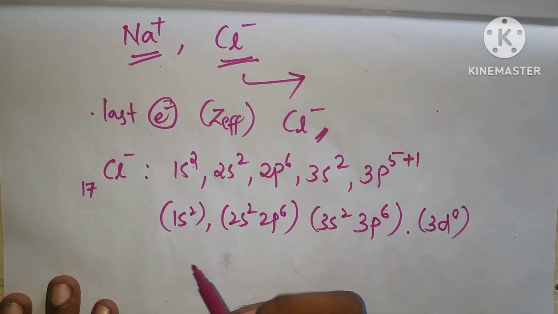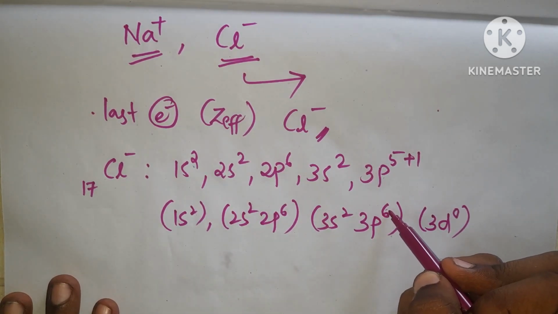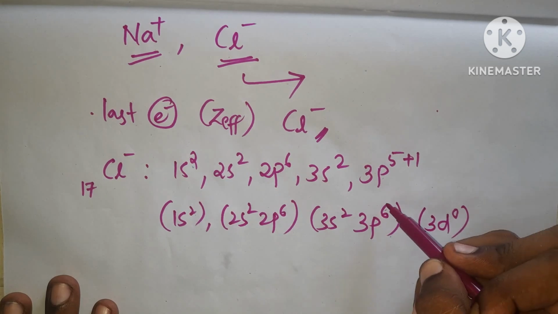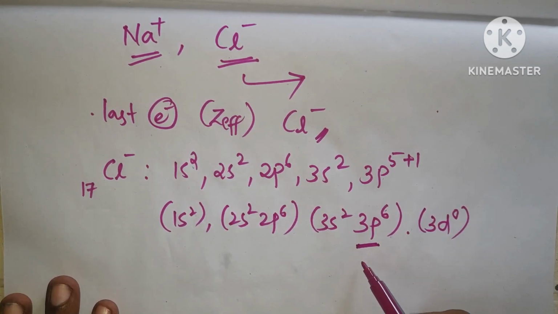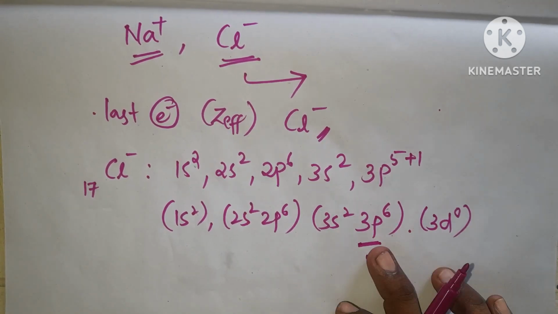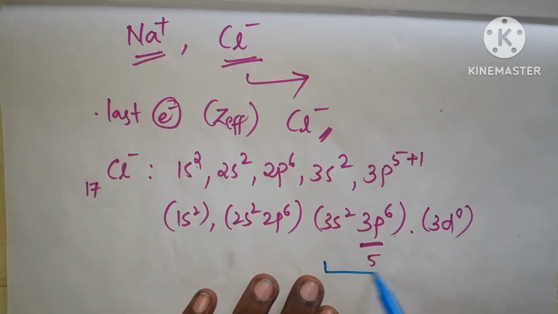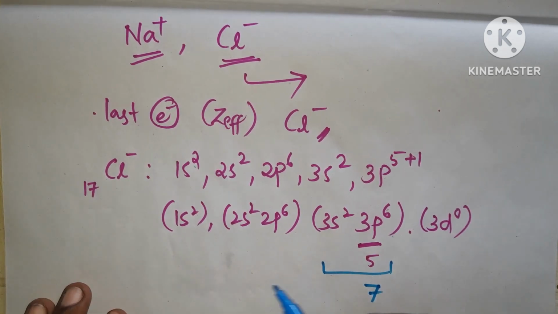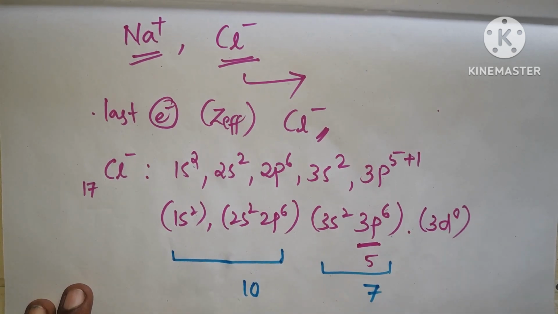The calculation part is substituting values according to Slater's rule. The last electron is given as 3p6, so remove that, don't consider that last electron. So our available electrons for shielding are 5 in this and 2 here, so there will be totally 7 electrons here, and 6 plus 2 plus 2, that is 10 electrons here.